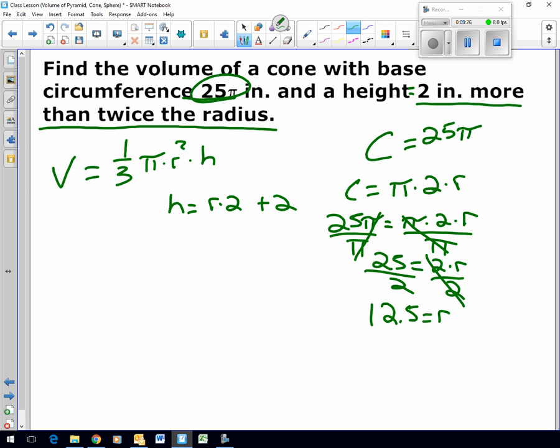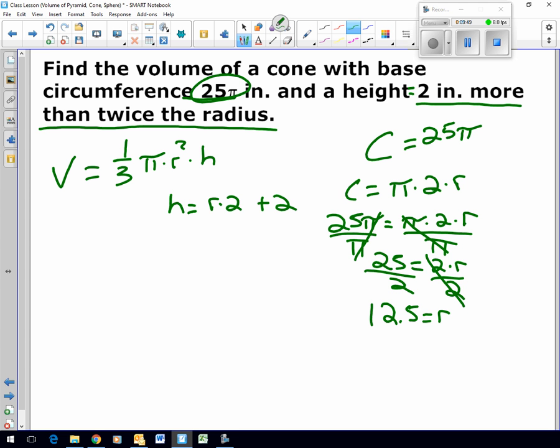Twice the radius is 12.5 times 2, correct? 2 more than twice the radius is 12.5 times 2 plus 2, right? Any questions about that?